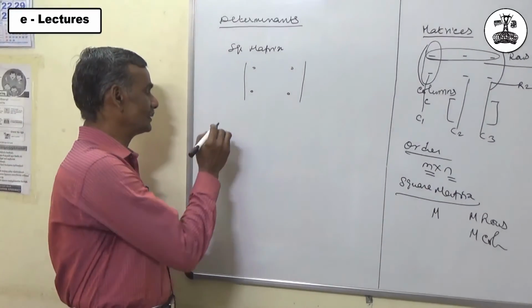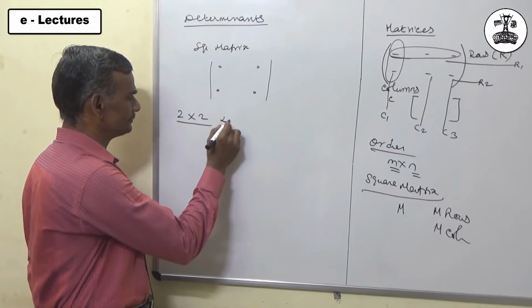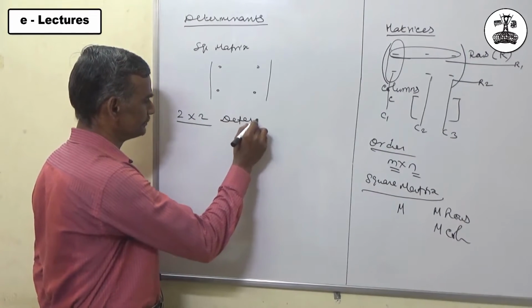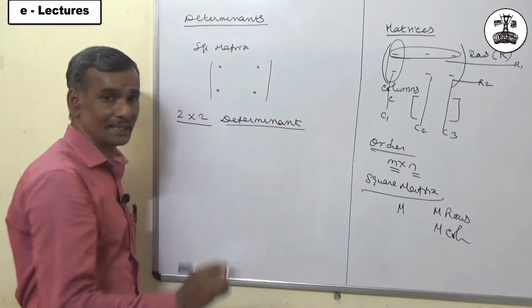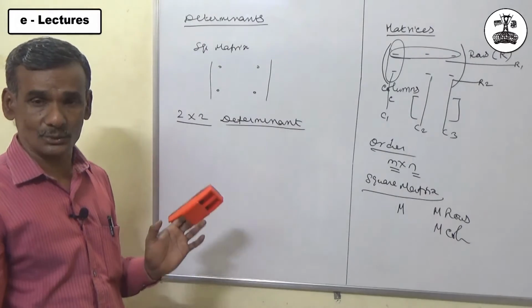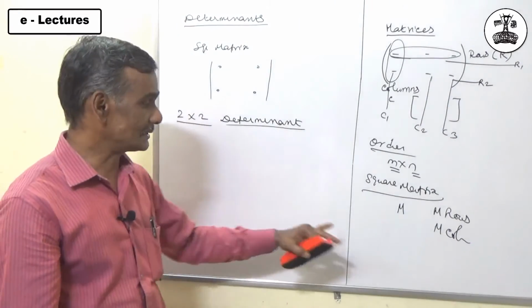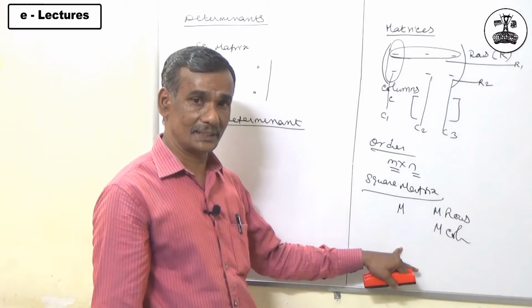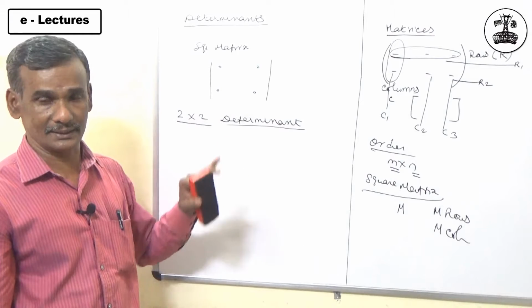First, we are going to find the 2 cross 2 determinant. A matrix has no value. A determinant has an associated value with the entries.